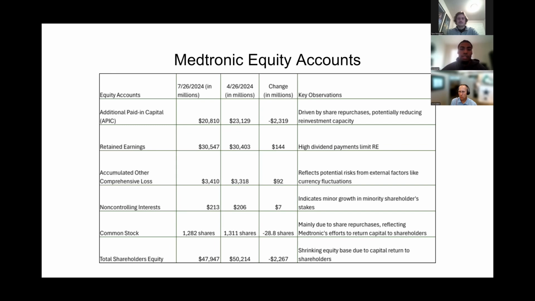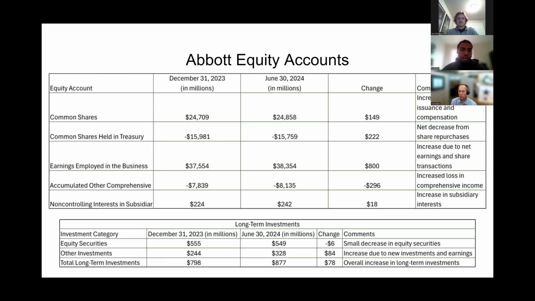They also saw a slight uptick in non-controlling interests, and total shareholders' equity decreased by a little over $2 billion, mainly due to capital returns. So Medtronic's emphasis on returning capital to shareholders may restrict its capacity for future growth and reinvestment in the immediate future. Abbott's equity accounts.